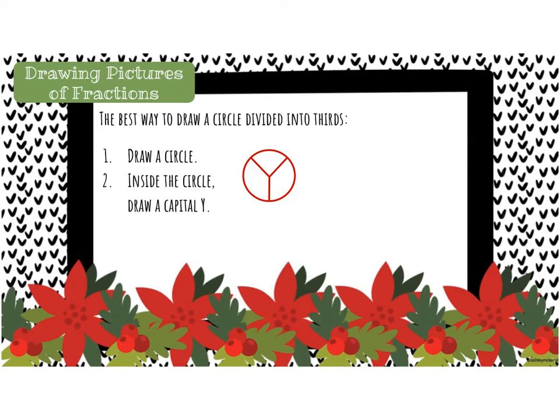So if you want to cut a circle into thirds, if you draw a Y in it, you're going to have 3 equal parts. Now mine is not exact, but it's pretty close. I'm trying to use a computer to draw my lines. So if you have a circle divided into 3 parts, if I wanted to shade and show 1/3, what would I do?